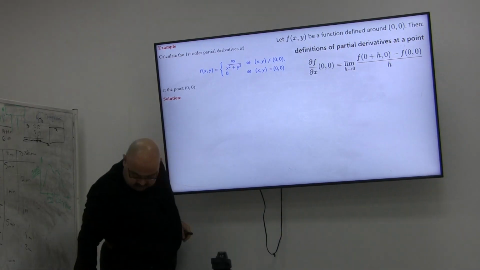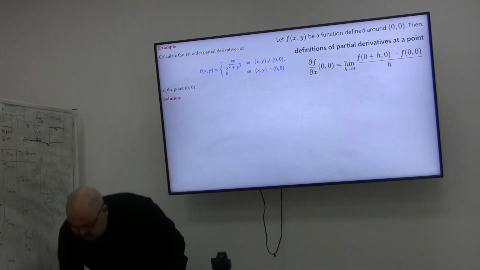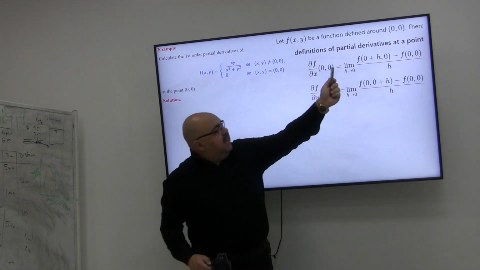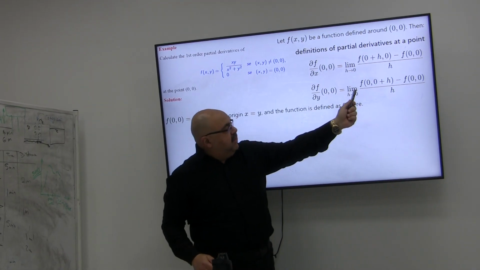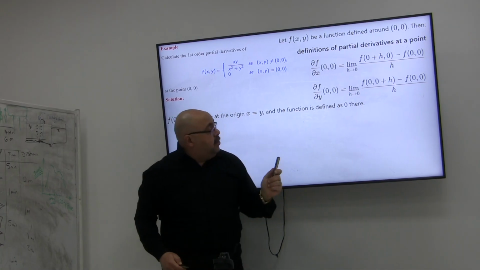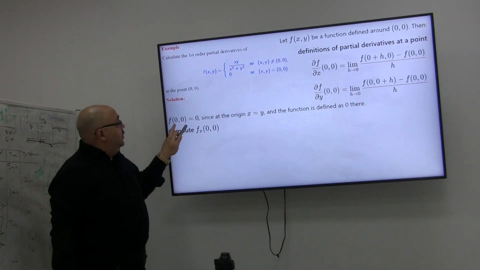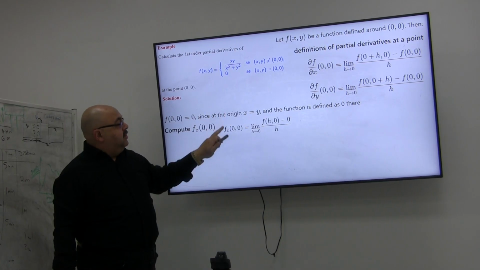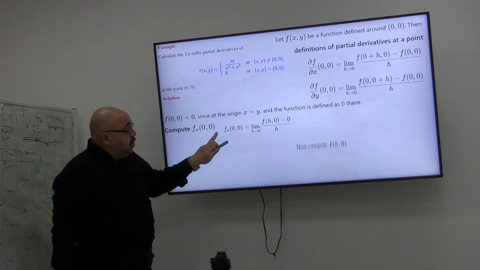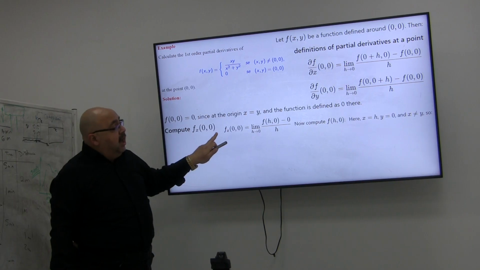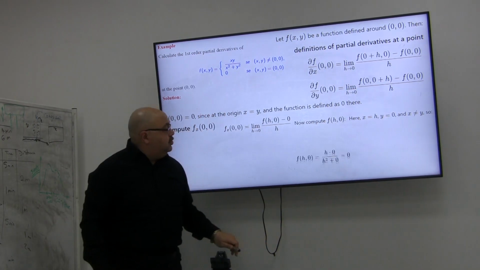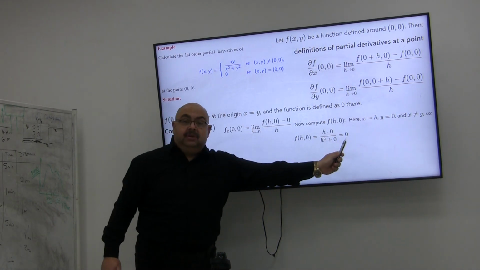So once more, that's the x derivative, and the y derivative is going to be similar. Both of them are equal to 0. Since the function is defined at the origin, once you try to make the substitution, either taking x equal to 0 or y equal to 0, the value of the function is going to be 0, as I told you.